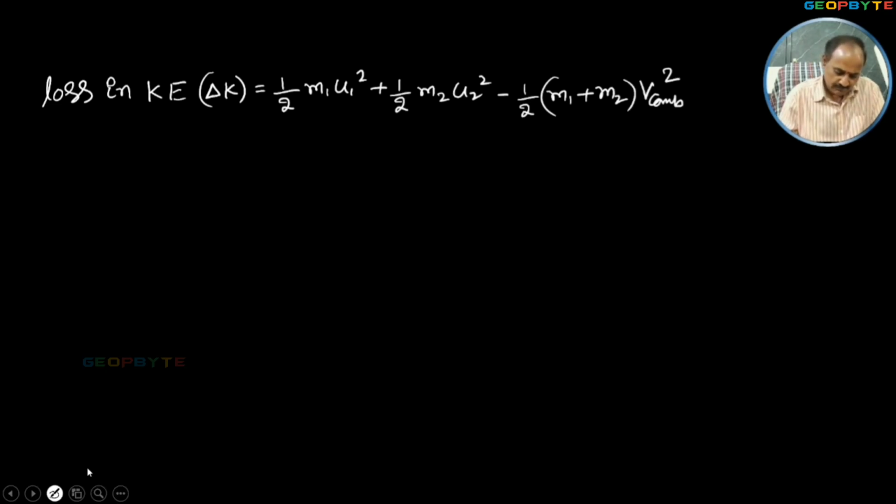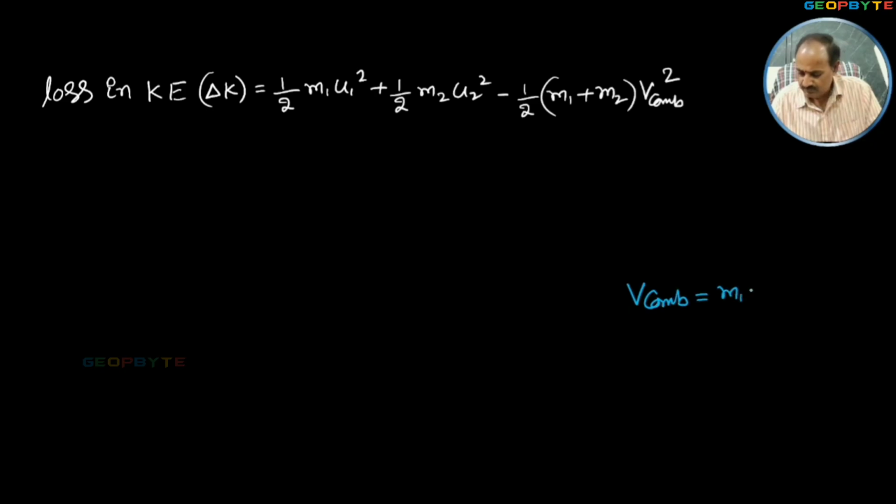But what is the v combined? Here v combined equals (m1 u1 minus m2 u2) by (m1 plus m2).